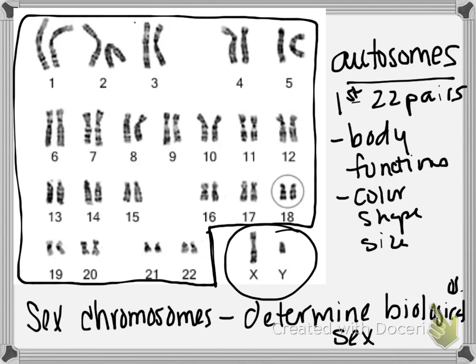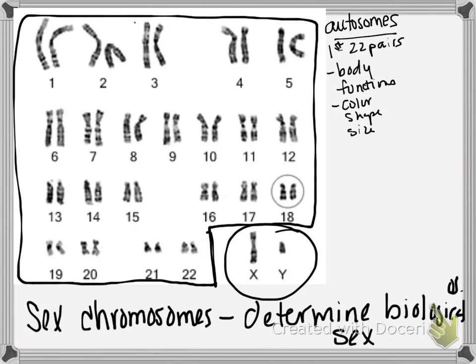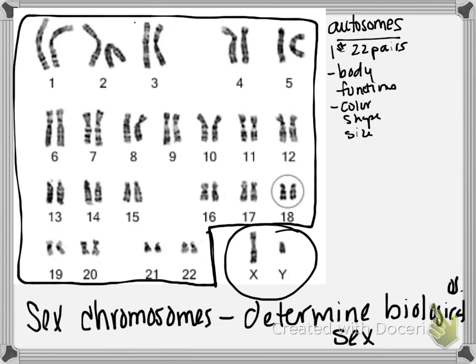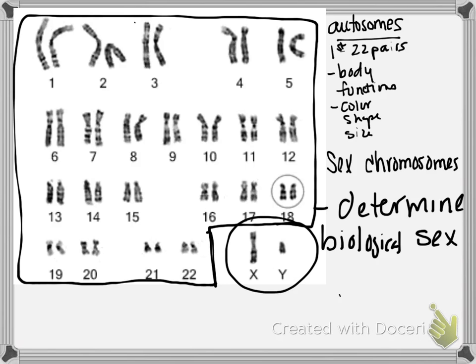Okay, so let me shrink autosomes here. Yeah, the sex chromosomes are what determine your biological sex. When I say your biological sex, I mean your actual genitals. That's biological sex. Okay, now, depending on which sex chromosomes you have, you will either be female or male biologically.